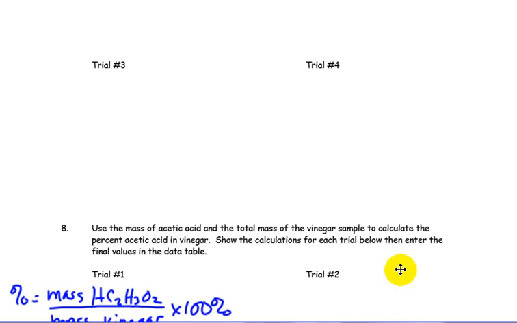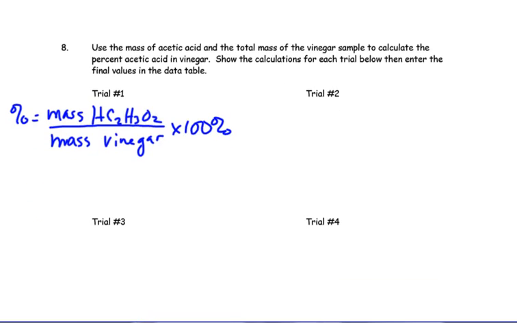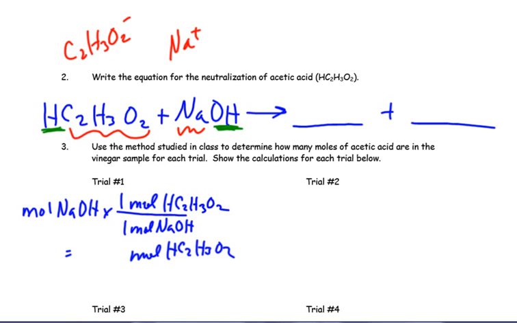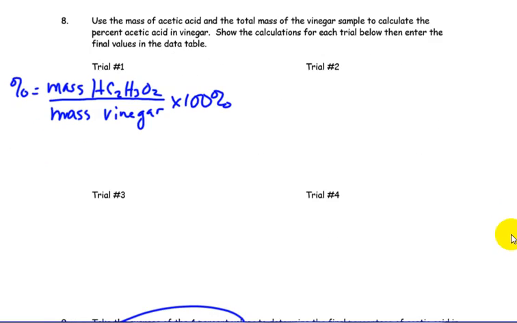So do that, and then of course to figure out our percent of acetic acid, it involves figuring out our mass of acetic acid, which we just figured out in number 7, divided by the mass of vinegar we originally had, and then multiply by 100. So out of that vinegar we had, what mass of it was acetic acid? So we determine that from that neutralization calculation. And then of course we'll get our answer here.